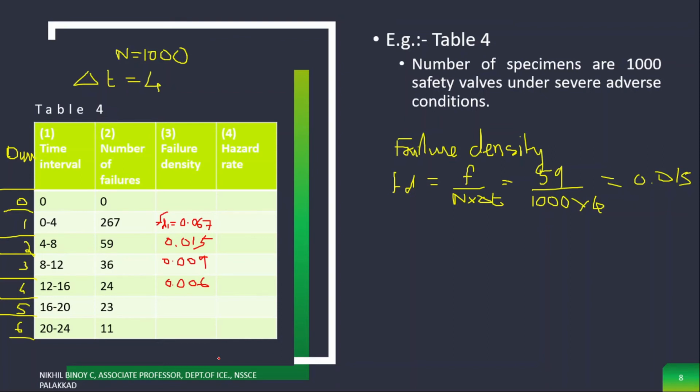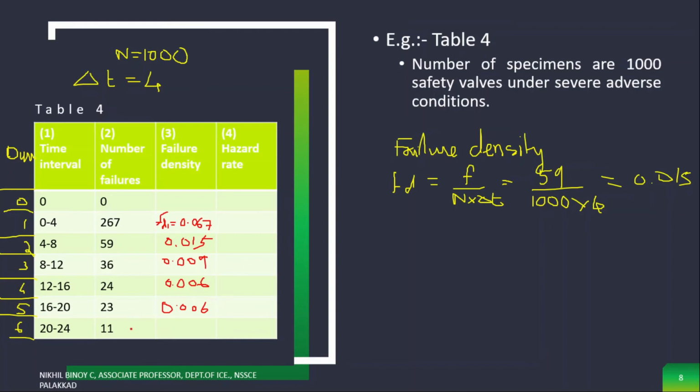Now corresponding to the fifth duration, the number of failures is 23. So the failure density is 23 divided by 1000 into 4, that is 0.00575. Using 3 significant digits, we can write it as 0.006. Now corresponding to the sixth duration, the number of failures is 11.